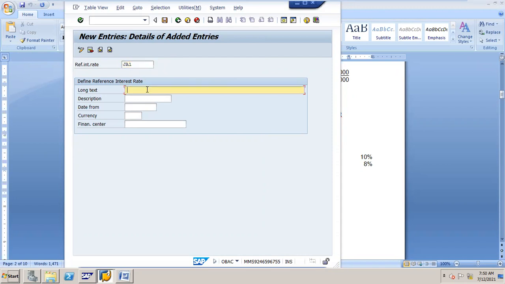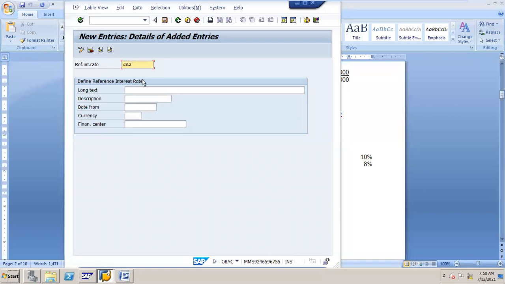So what is this? Loan having credit balance. Just this is a description. Loan having credit balance, effective from April 1st, our financial year. Currency. Okay. So next I have to create for the debit side also, right?